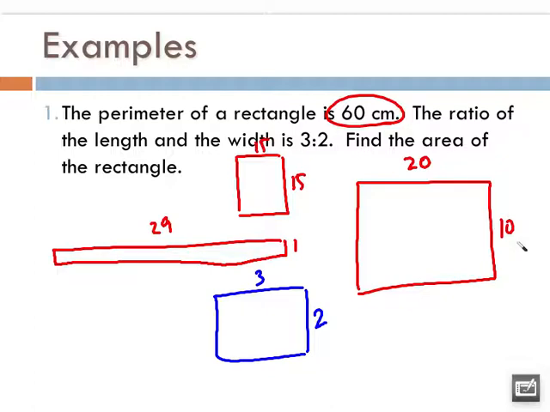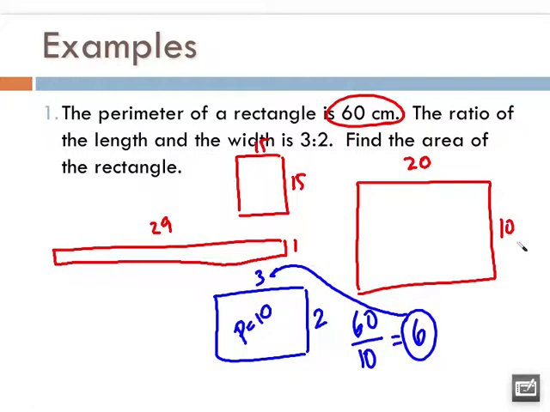Okay, so the perimeter of this is 10. And since 10 is 6 times less than 60, I multiplied each side by 6. So 60 divided by 10 gives you this value of 6. So then I multiplied each side by 6. So you took that times each one of those. Yeah.